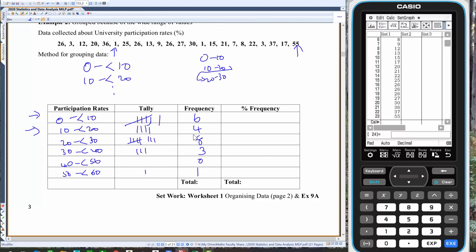Right, so let's count: 6, 10, 18, 20. What's going on here? I've got 22. Okay, let's do that count again. Yeah, that looks right. So 8 for the 20s.